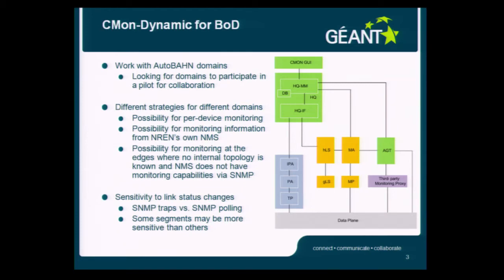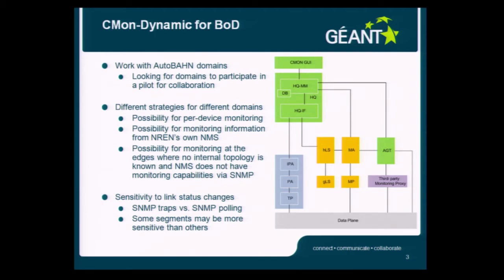And there are some different strategies for different domains. It's about how we can gather the monitoring data from here to here. So the first one, we have a possibility for per device monitoring, and we have a possibility for monitoring information from a domain's own management system.